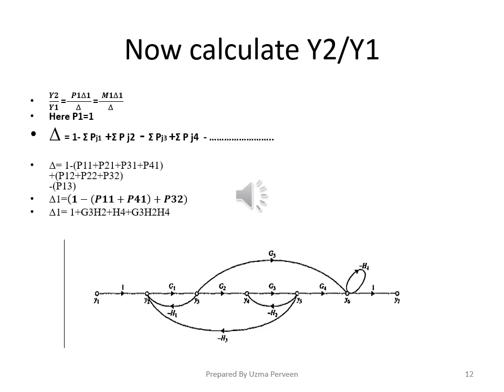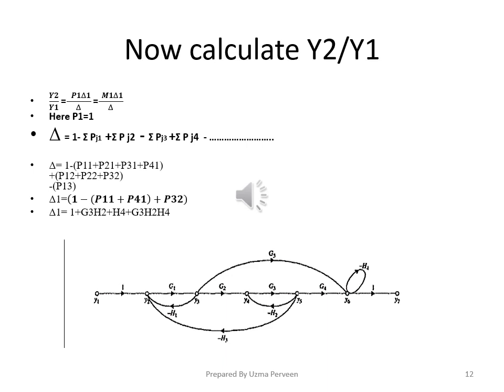And then for del 1 we see the loops and the combination of those loops which are non-touching to forward path 1, that is Y1 to Y2. So you can see here easily that the first and the fourth loop, that is minus G3H2 and minus H4, these two loops are not touching the forward path Y1 to Y2.